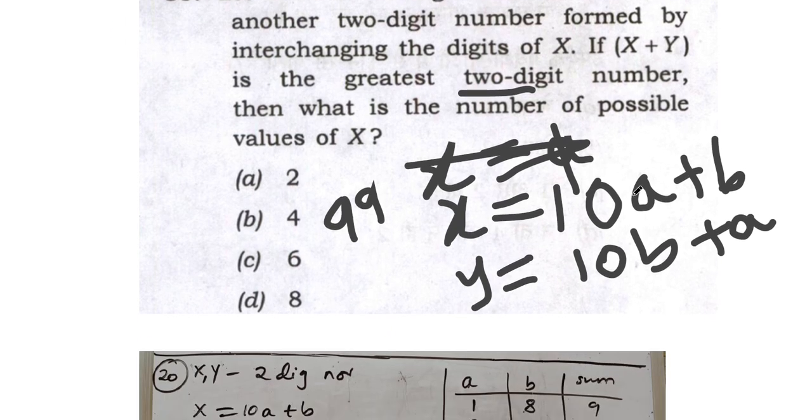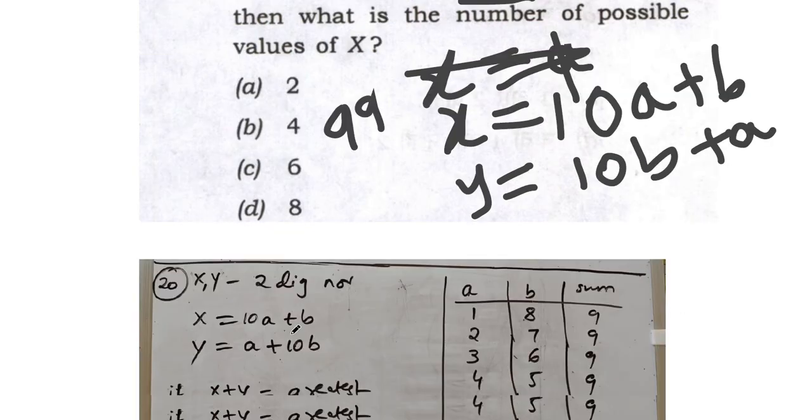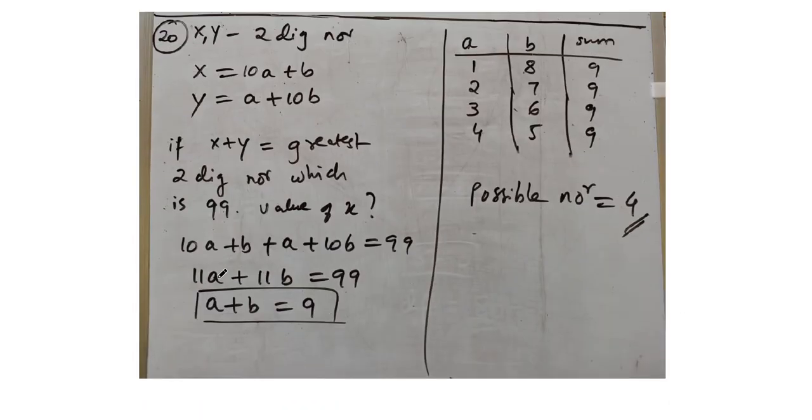So we can write 10a plus b plus 10b plus a is equal to 99, which is 11a plus 11b is equal to 99. When we take 11 common and divide it to the RHS, we will get a plus b is equal to 9.